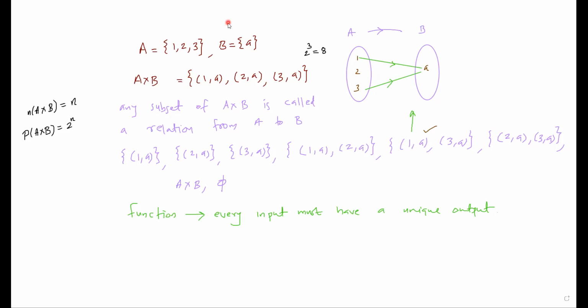So every function is a relation, but every relation is not a function, because ऐसे रिलेशन है जिसका हर एक इनपुट को यूनिक आउटपुट, एक ही आउटपुट होना चाहिए.